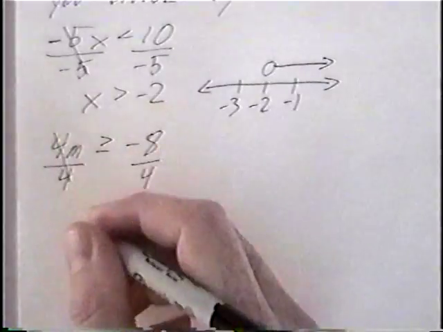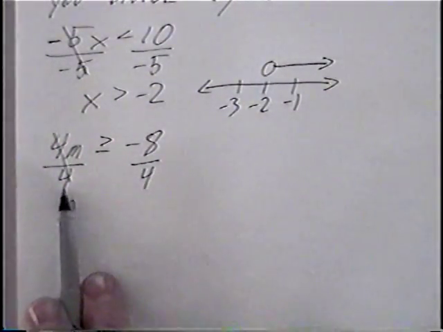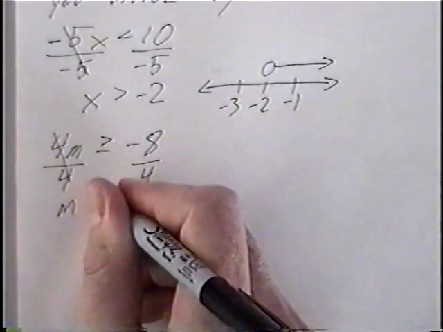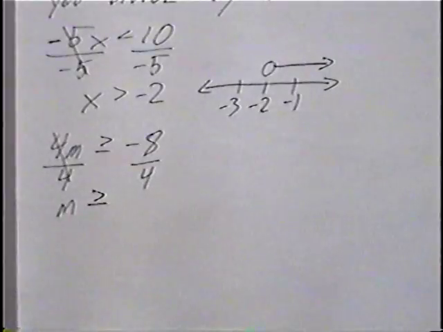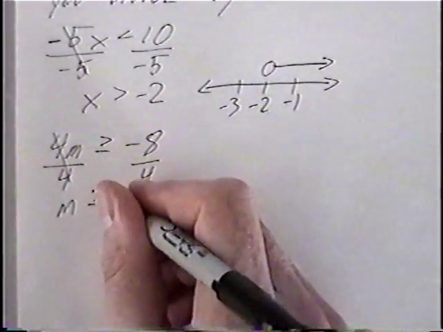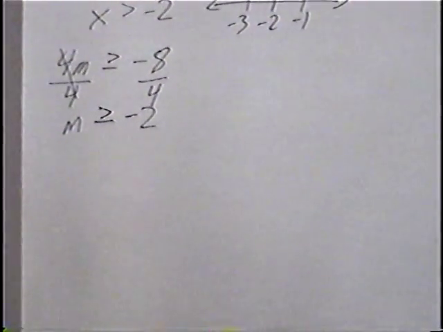The 4's would cancel. M would come down. This time we divided by a positive 4. Since we're dividing by a positive number, the inequality would not flip, it would stay the same. And negative 8 divided by 4 would be negative 2. So we'll have m is greater than or equal to negative 2.